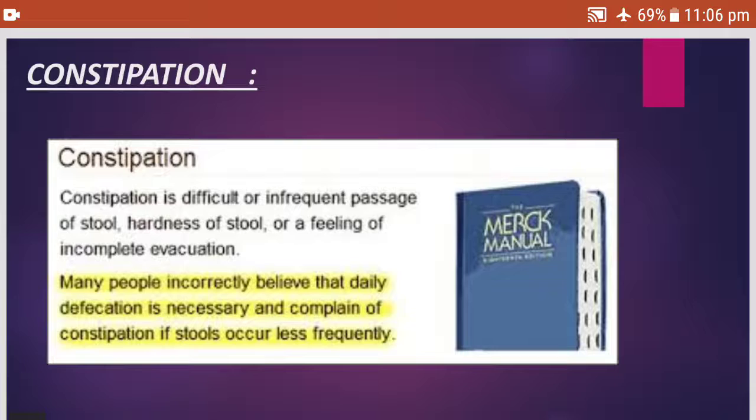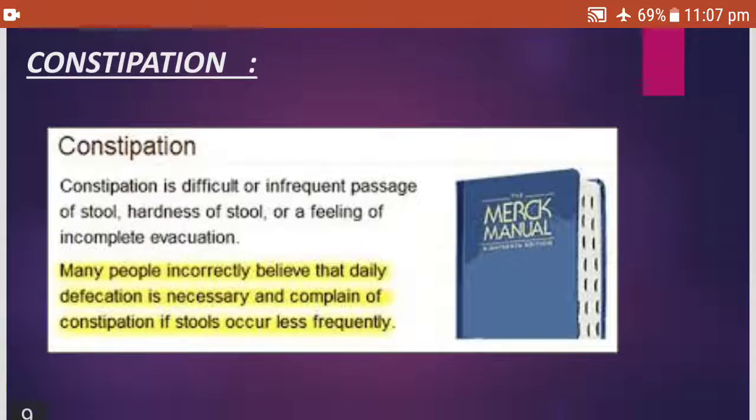See, children, it is the incomplete evacuation of stools, feces. Expulsion of waste is very important.